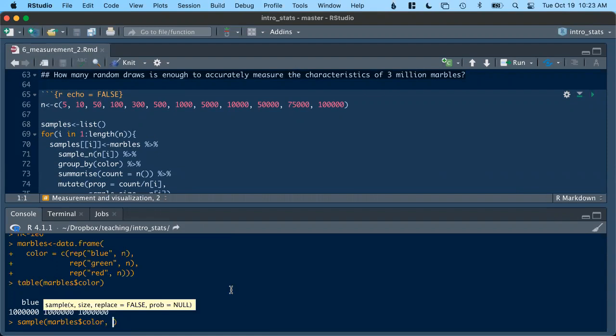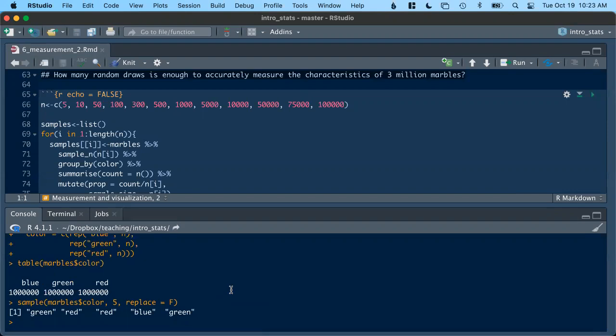We're going to do 5, replace equals false. We can sample with replacement and without replacement. We'll talk about that later. Basically, replace tells R, when I draw the marble out and I count it, do I throw it back in the bag or do I not throw it back in the bag? In this case, I do not want to throw it back in the bag. Sometimes we do. Okay, so this time I got green, red, red, blue, green.